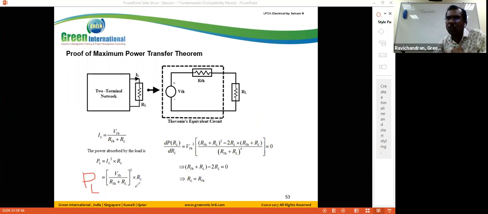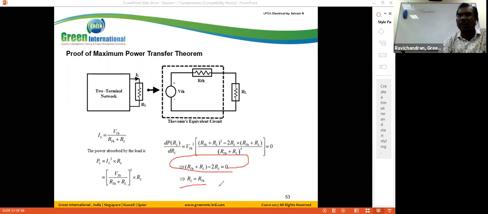Our objective is to find the unknown RL, so we differentiate this equation with respect to RL. Again, they didn't ask for these derivations in the exam hall, just remember the calculus. Differentiating and equating to zero, we have RL is equal to RTH.